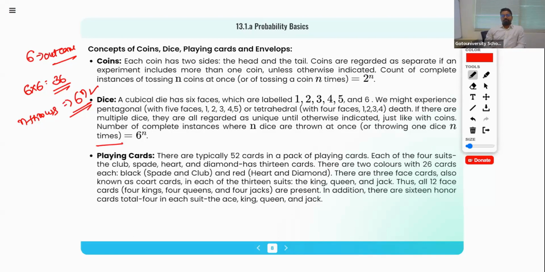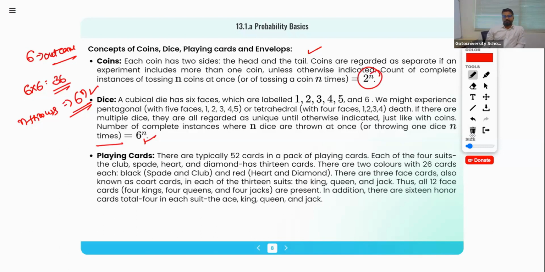Then the number of complete instances where n dice are thrown at once, or one die is thrown n number of times, is given by 6 power n. Whether you throw n dice together or one die n times, the total number of outcomes is going to be 6 power n. Same way, if you throw n coins together or one coin n number of times, your denominator, the total number of outcomes, is 2 power n.